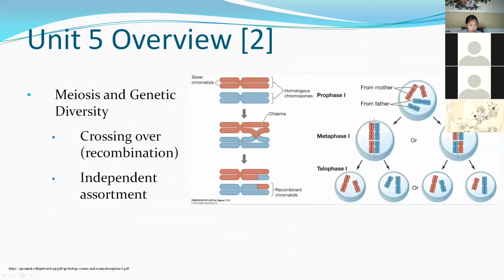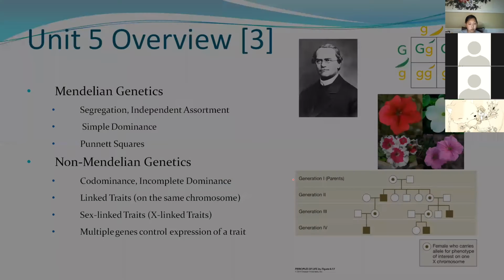When they cross over, if two traits are really close together, for example, they're here and here, then they're more likely to be crossed over together. So they're here and then they cross over together to be here. But if they were far away, like here and here, there's less of a chance that they're going to cross over together, which is how they're linked.